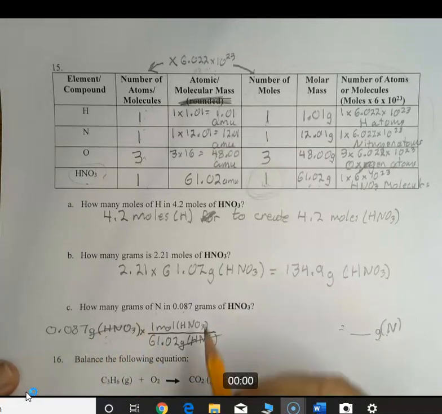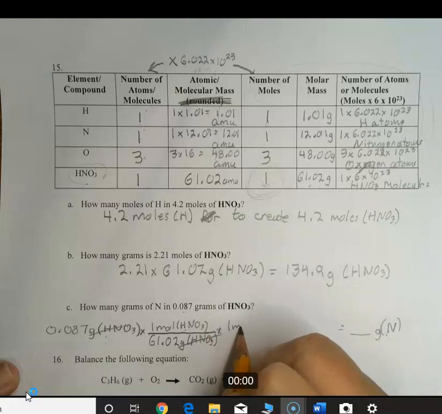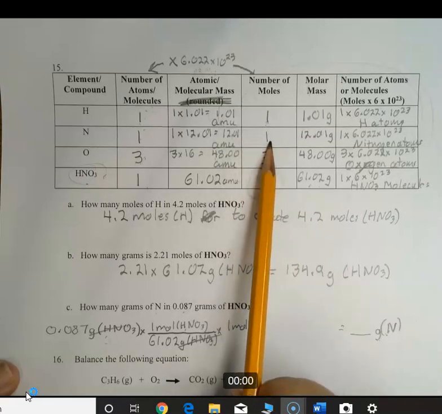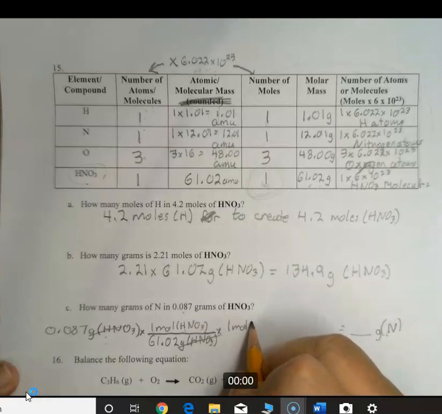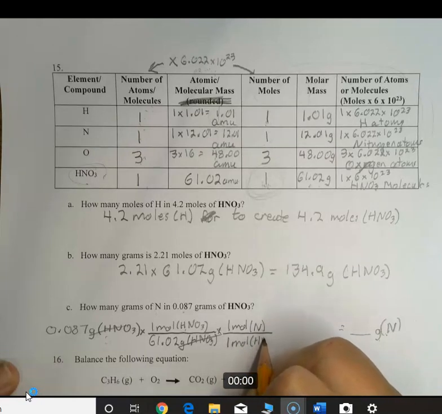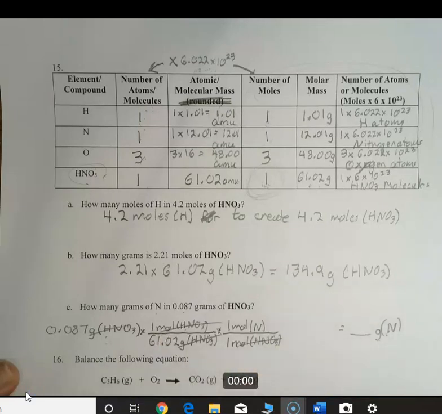Now we need to go from moles of HNO3 to moles of nitrogen. Eventually we want to get to grams of nitrogen, but you always have to go through moles. For every 1 mole of HNO3, we have 1 mole of nitrogen. So it's a 1-to-1. So 1 mole of nitrogen for every 1 mole of HNO3, and we put HNO3 on the bottom because we need that to cancel.